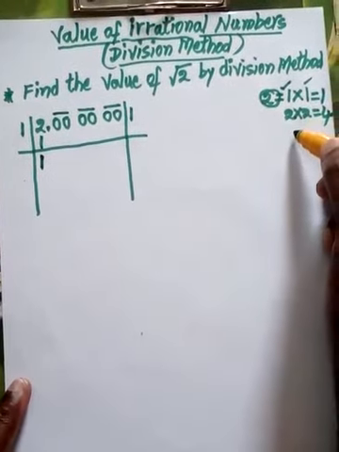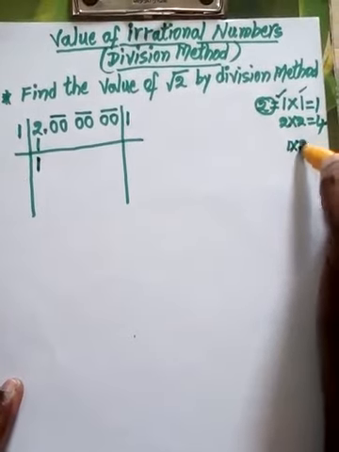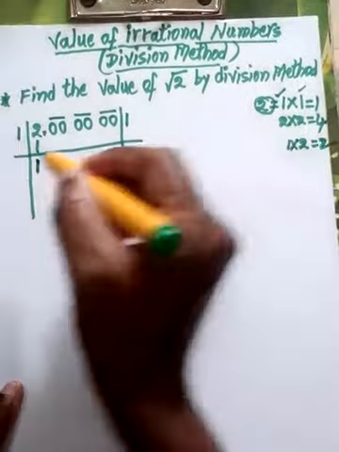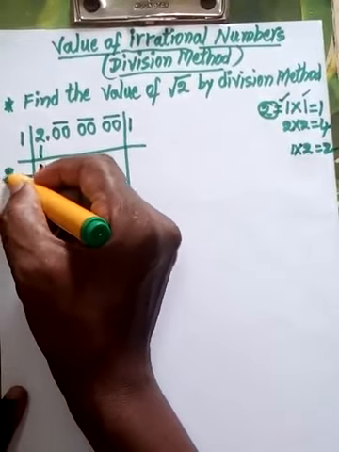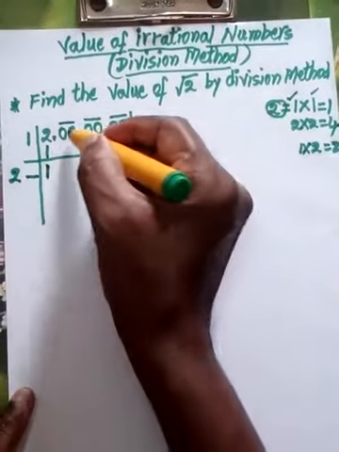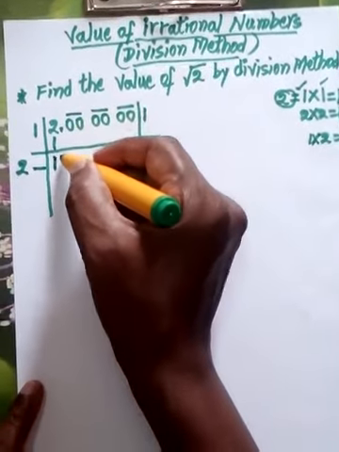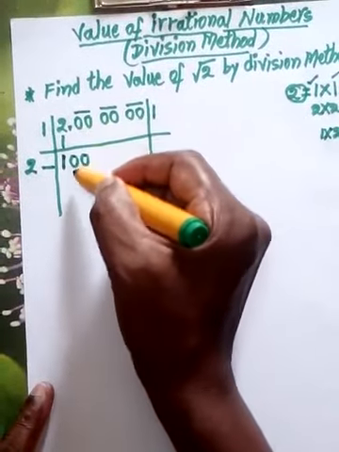If we make double, we multiply with 2. So 2 ones are 2. Then we write this double number by leaving one place here, and then we bring down the pair of zeros.